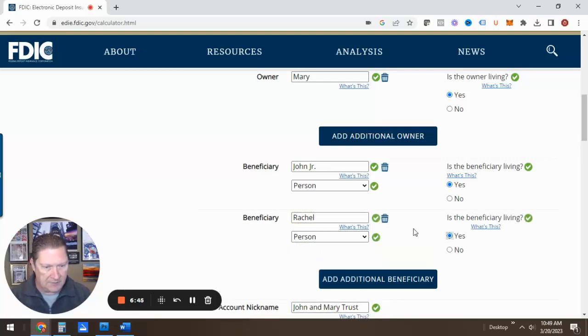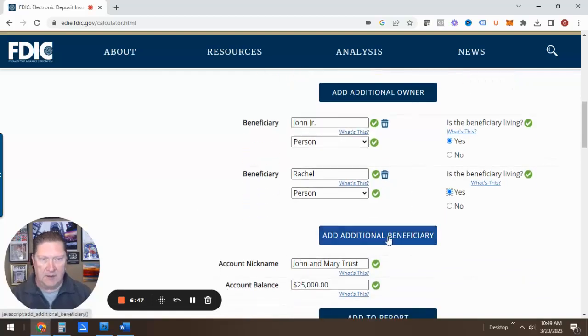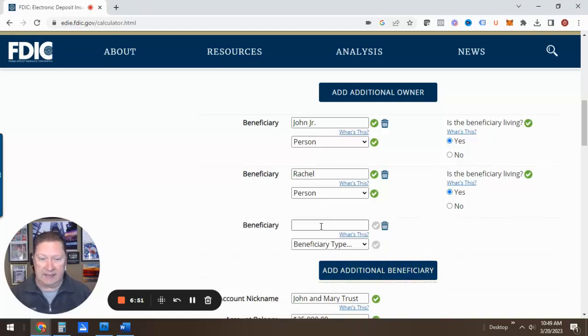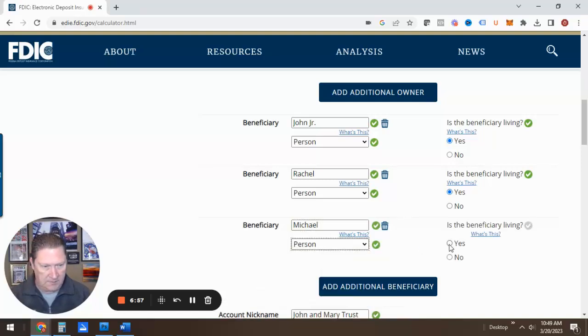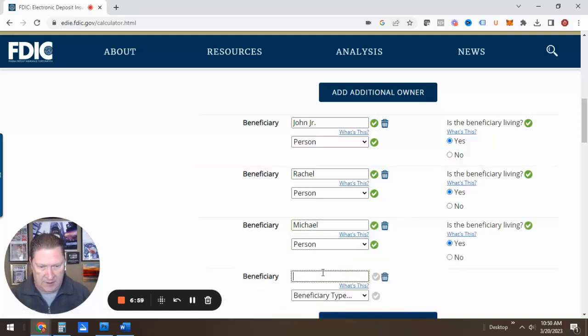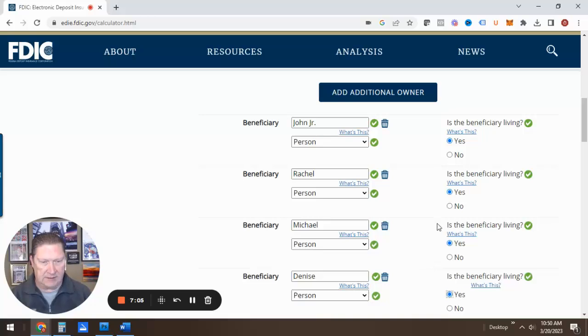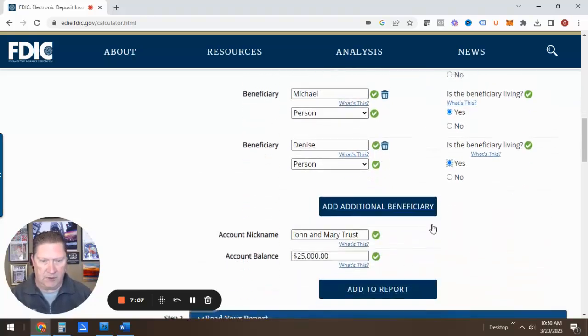Person. Beneficiary living. Yes. Now, what if you want your grandkids to have access to some of these funds? Let's put Michael. Person. Yes. Denise. Person. Yes. Okay, so we got two children, two grandchildren.